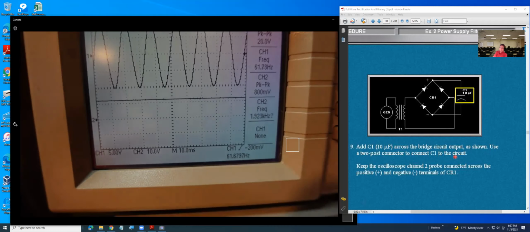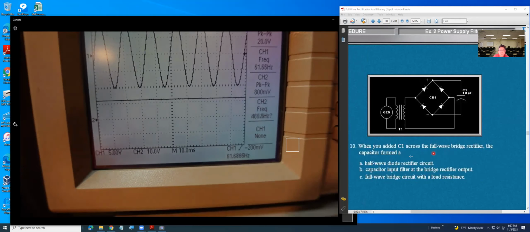Then what they said. Keep the oscilloscope channel 2 probe connected across positive, that's what we still do, and negative. When you add C1 across the full wave bridge rectifier, the capacitor forms a half wave diode rectifier with a capacitor input filter, or a bridge rectifier full wave rectifier with the load resistor.